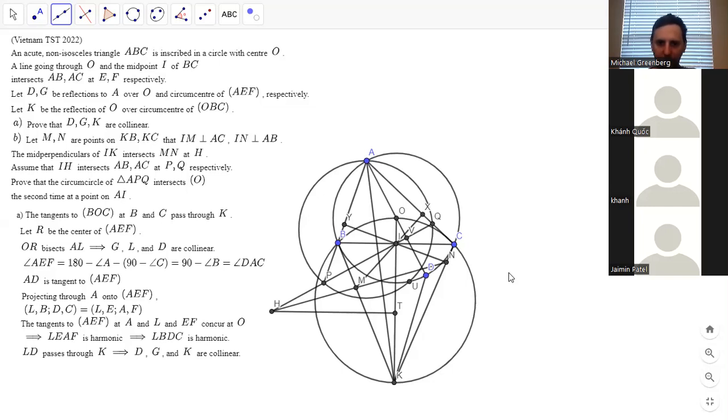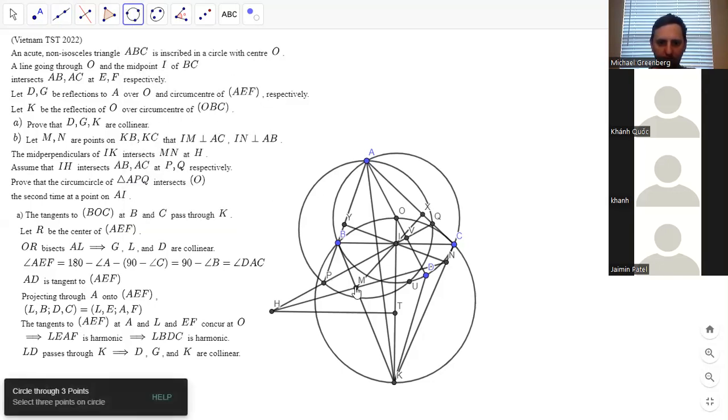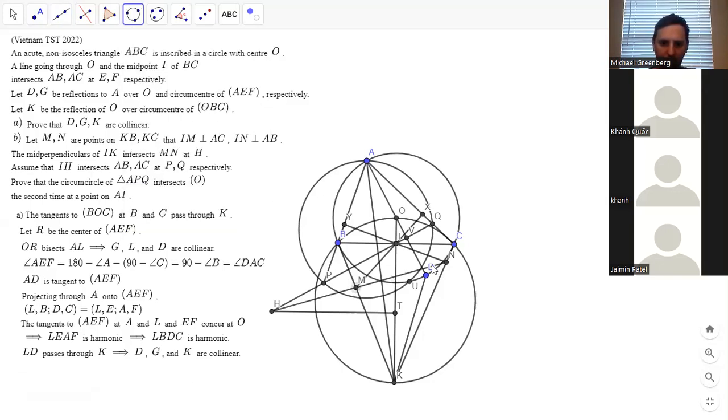So we have to use M and N somewhere. We want to show IH is perpendicular to AD. I'm not sure how good the radical axis theorem will be. Is there some circle passing through M and N that we could use?